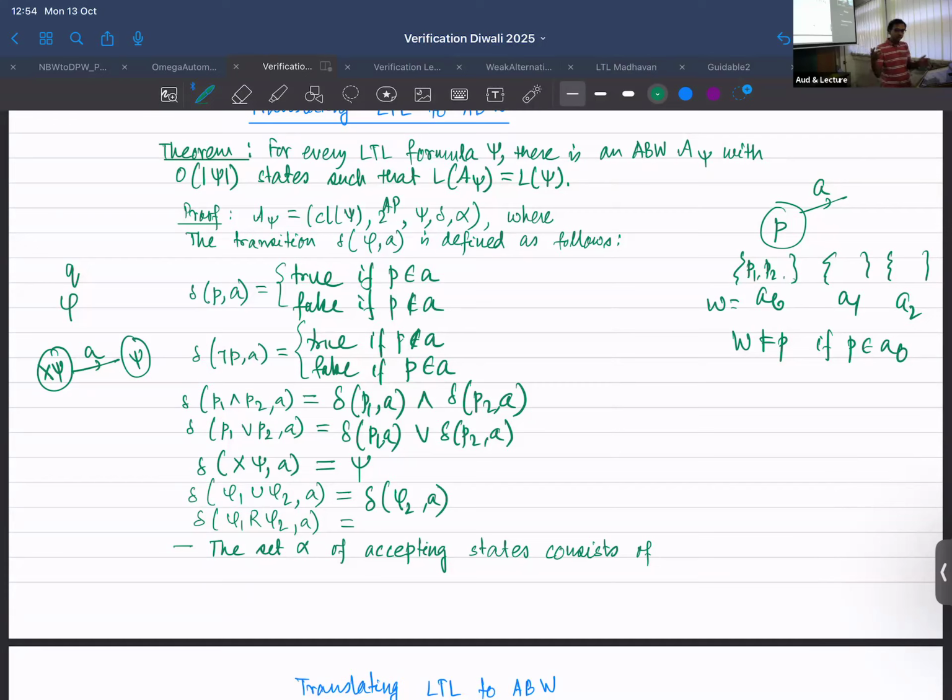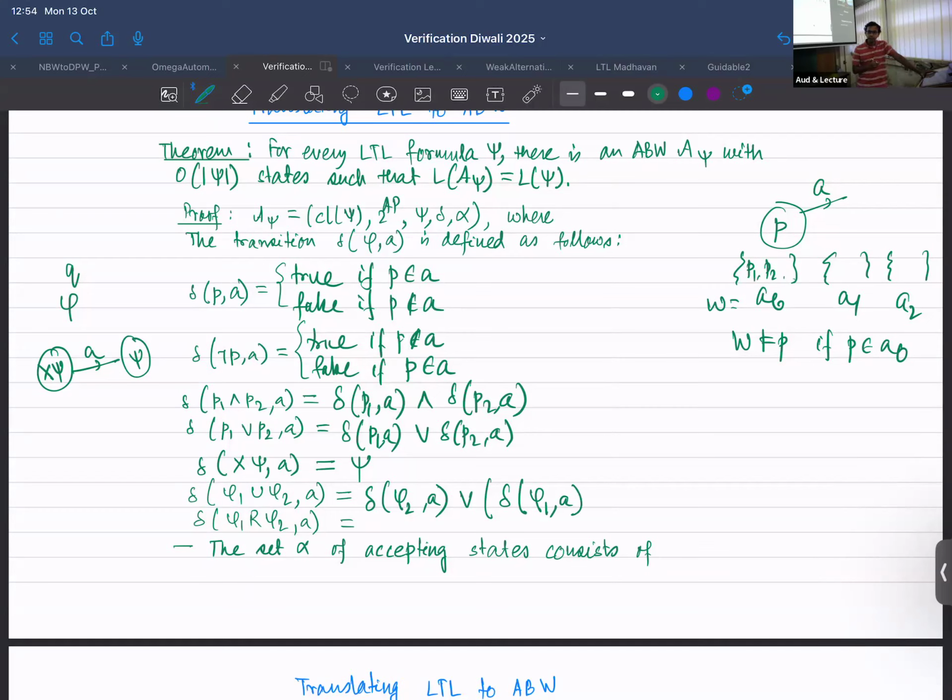So in the next you are satisfying phi1 until phi2. If this is not the case, then first I will have to satisfy phi1, so delta of phi1, comma A.